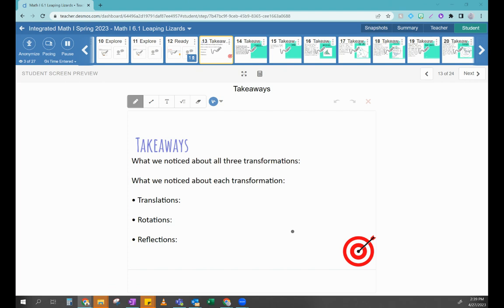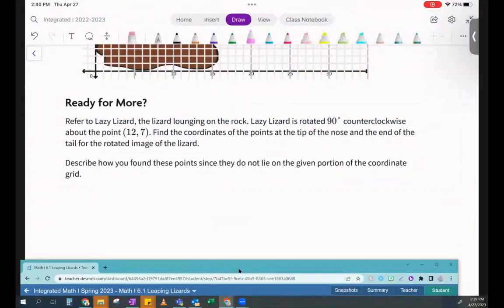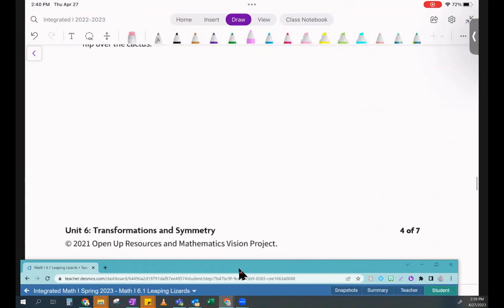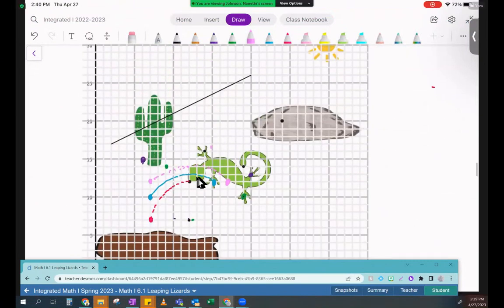For the rotations, all the points are the same distance from the center and all points move through the same angle. If you remember when we were looking at this, let me find him here, they all rotated 90 degrees, right?